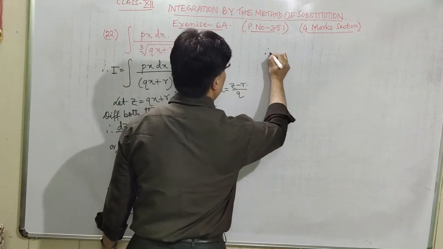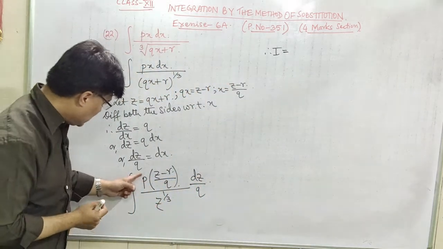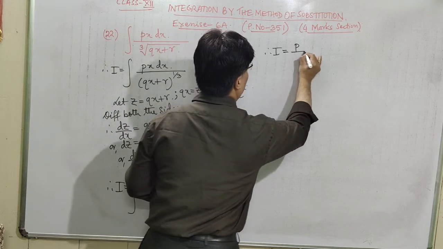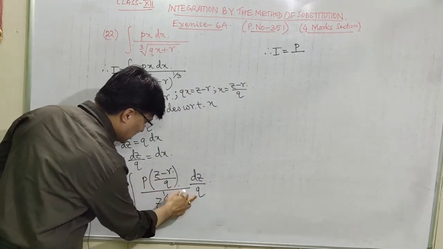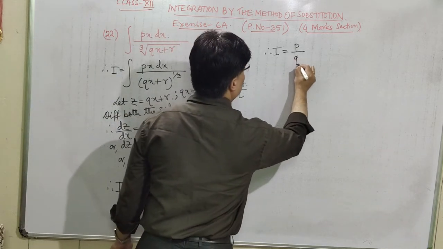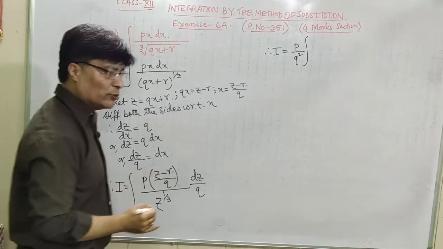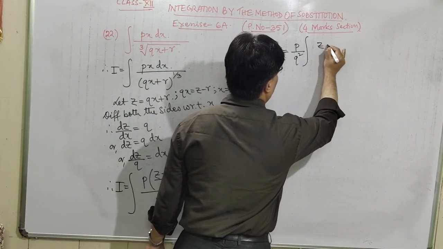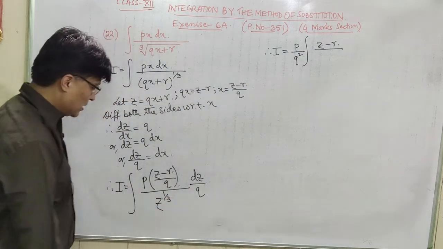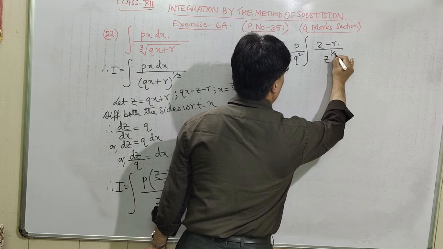Therefore I is equal to p, which is a constant, taken outside, divided by q into q, which is q square, integral of z minus r whole divided by z to the power 1/3.